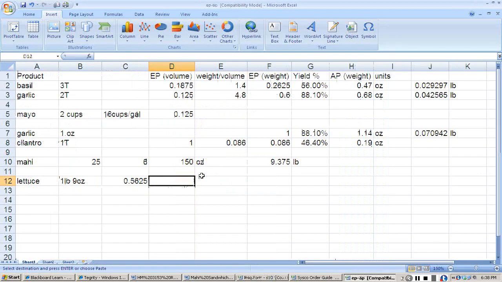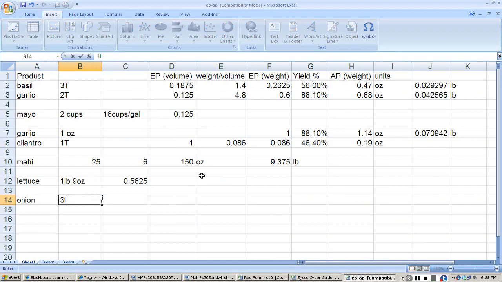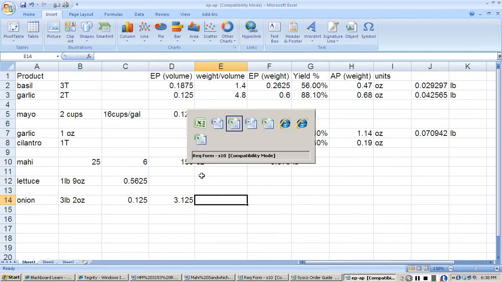Onion. 3 pounds, 2 ounces. That's 2 divided by 16, .125, so 3.125 pounds. It's weight per volume. If we go back to Blackboard, so we need 3.125 pounds EP.